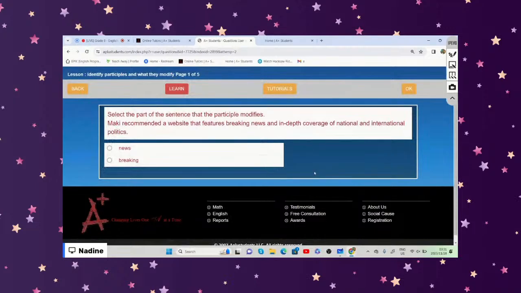All right, so now we're going on to our test. We need to select the part of the sentence that the participle modifies. Marky recommended a website that features breaking news and in-depth coverage of national and international politics.